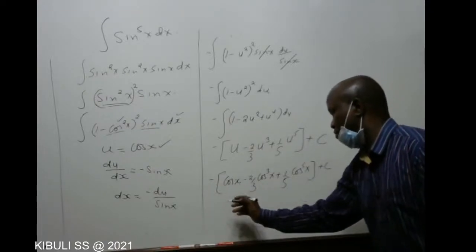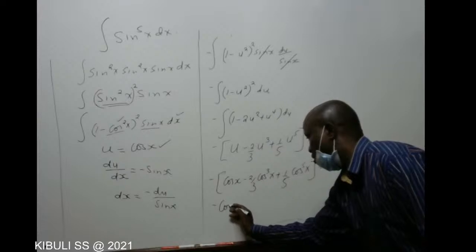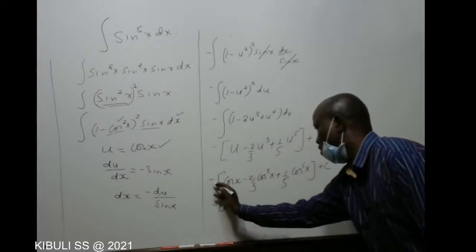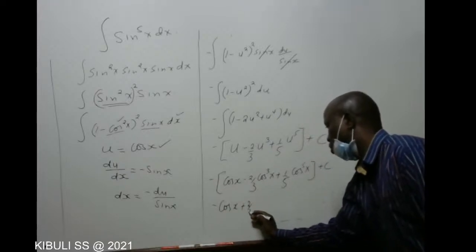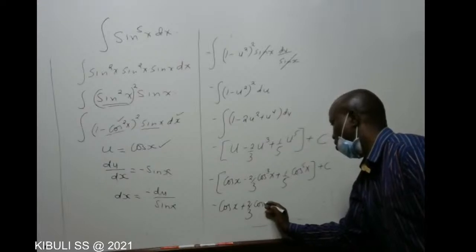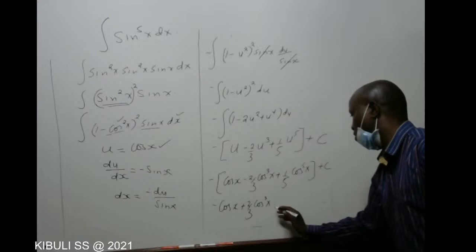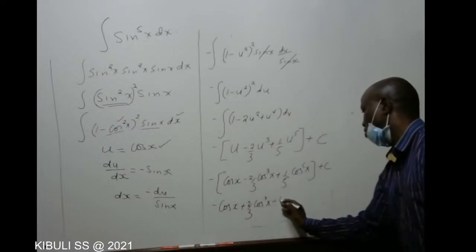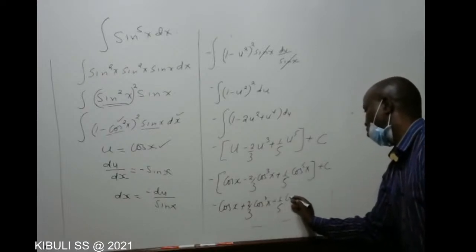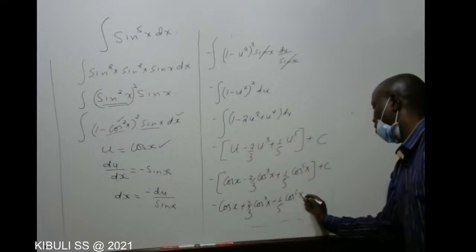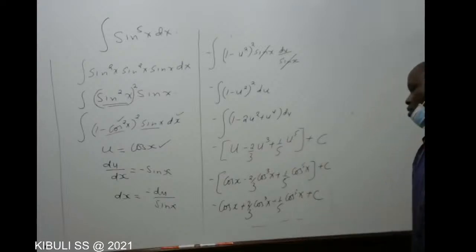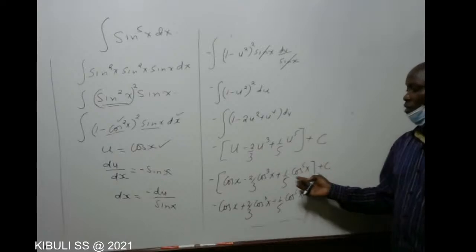Entering the negative gives us negative cos x. This becomes a plus 2 over 3 cos cubed x. This is a minus now, minus 1 over 5 cos power 5x plus a constant. The constant cannot be affected by the sign.